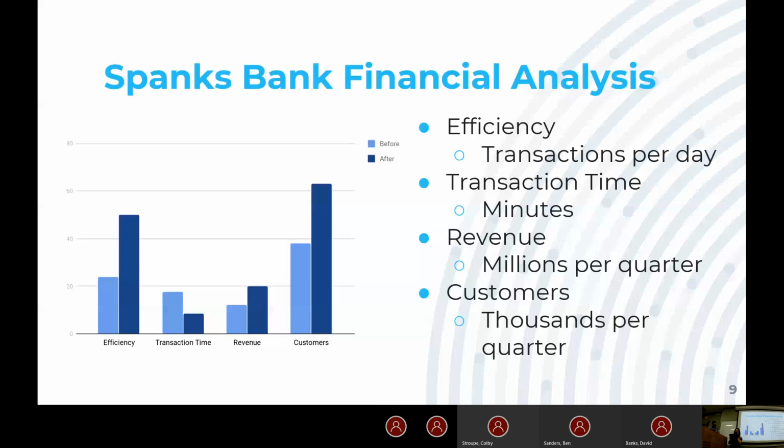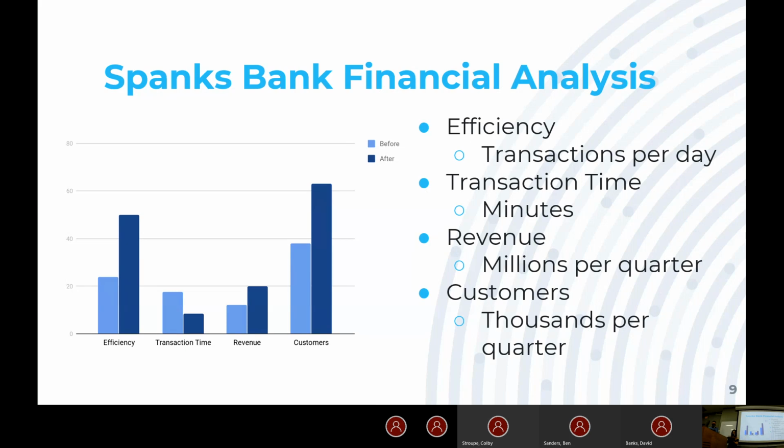Here we have the financial analysis for our made-up bank firm. First, we have efficiency. Before implementing the ERD model into our system, we had a lower amount of transactions per day. After implementing the ERD model, our transactions increased from 24 to 50 transactions per day. Next is the transaction time.